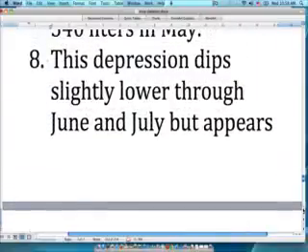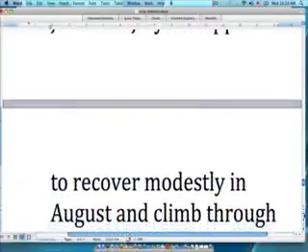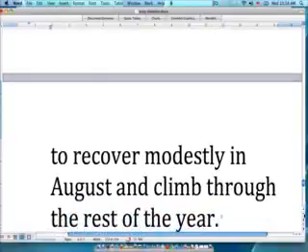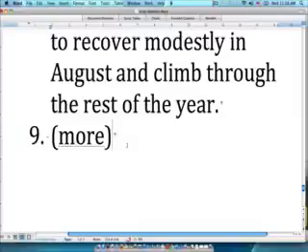So if we look back at the sentence, this depression dips slightly lower through June and July, but appears to recover modestly in August and climb through the rest of the year. And we come to the last sentence in this paragraph, which shares the value given for the final point in the graph.